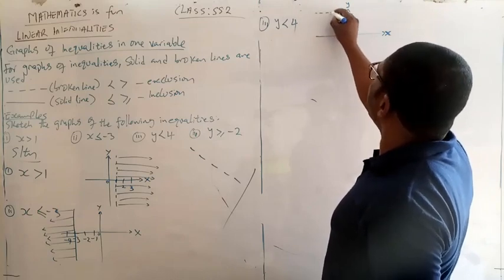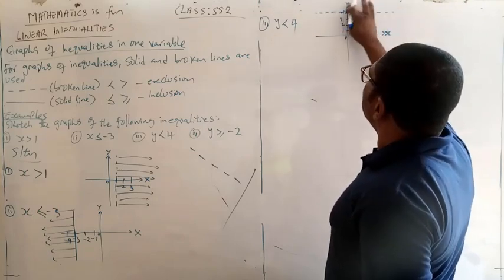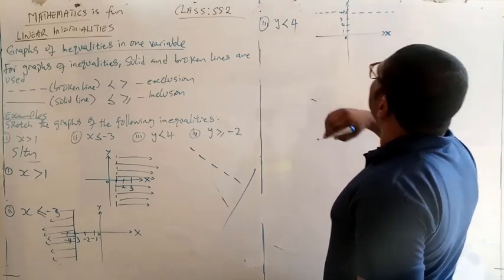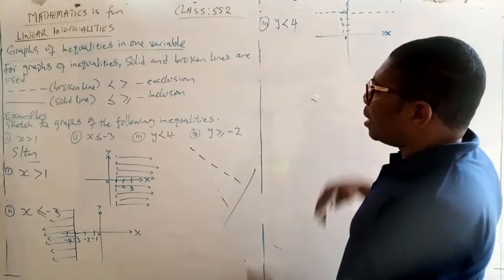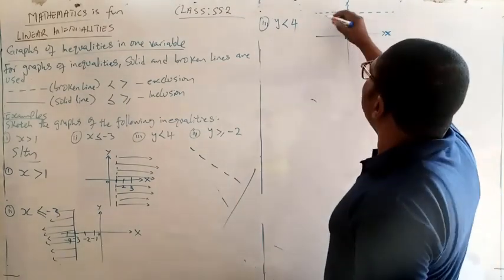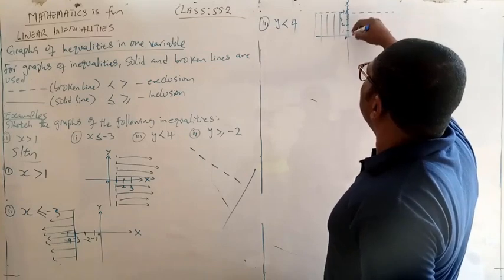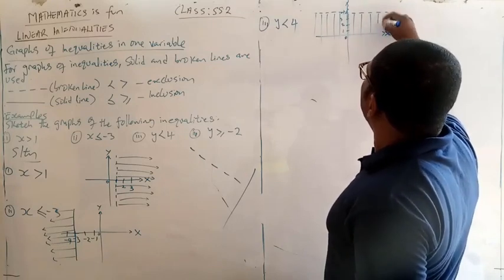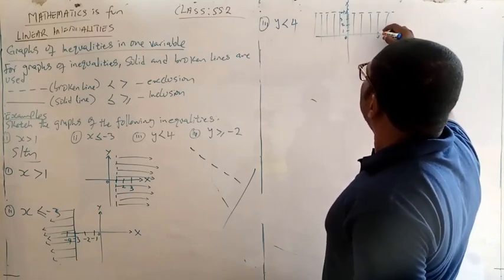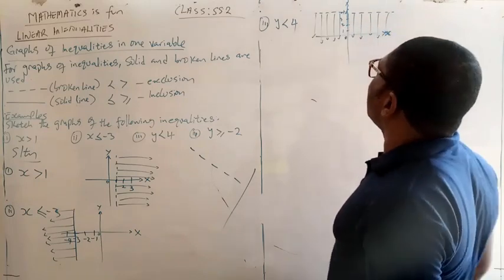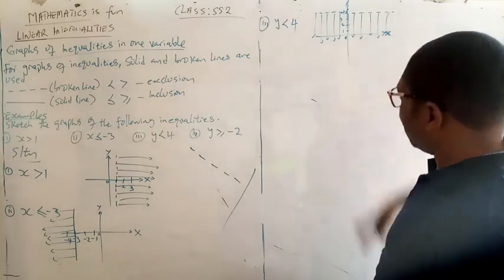It is less than, exclusion. So let me continue this, put it up here as a broken line. Therefore, since it says less than, I'm talking about this area below 4. This is the required region. It is continuous.